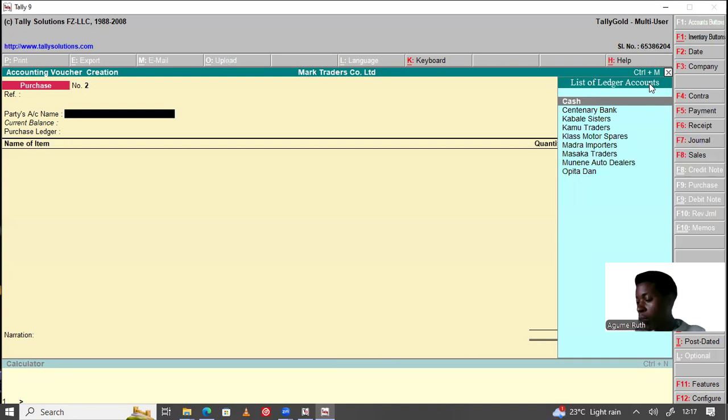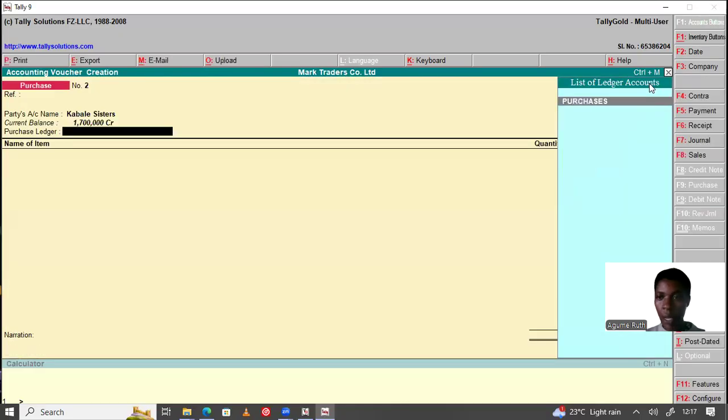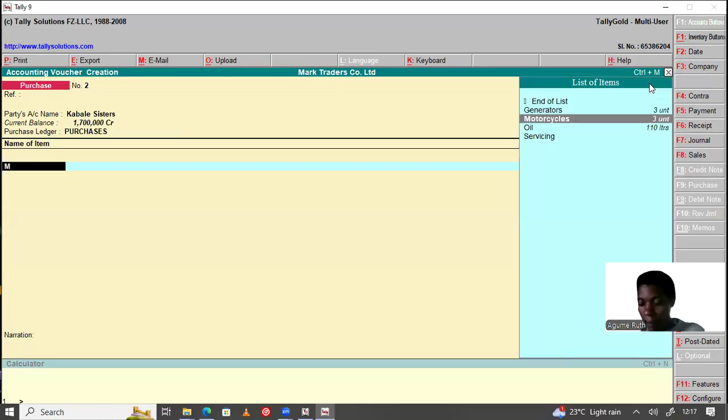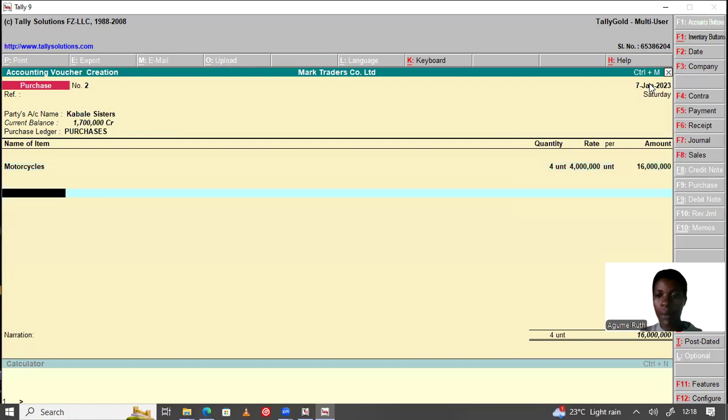So I'll put in this transaction in this way. I'll first put in the Kabale Sisters as the party involved. Then I select purchases. Then the engine oils are the motorcycles as the name of the item, and I will put in 4. And I accept.